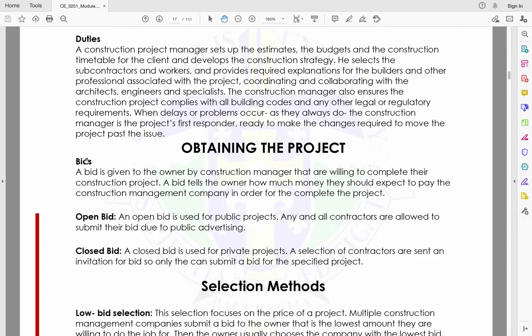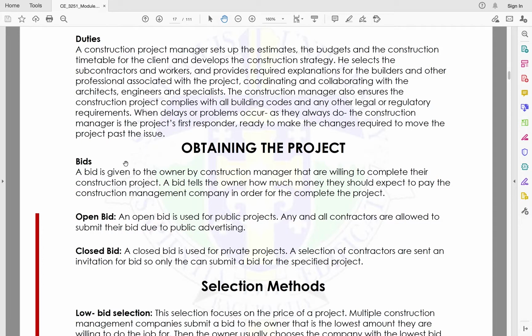Obtaining the project: bids. Okay, so how are we going to obtain the project? Paano natin makukuha yung contract? Nakukuha natin yung contract through bidding. Okay? But there are times na kung may kakilala, if it is a private project, no? And it is a small project, like for example residential.